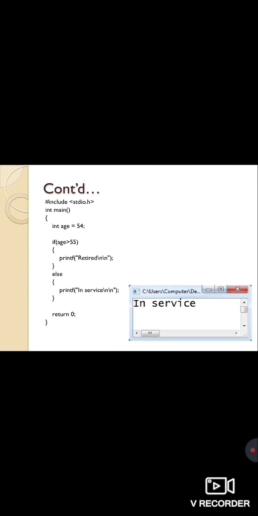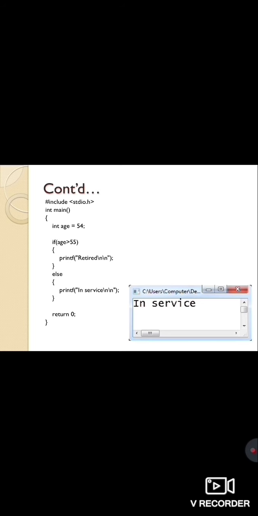For example, here age is an integer variable which contains 54. If the age is greater than 55, but here the value of the age is 54, so this test expression is false. So the body of the if will not execute.